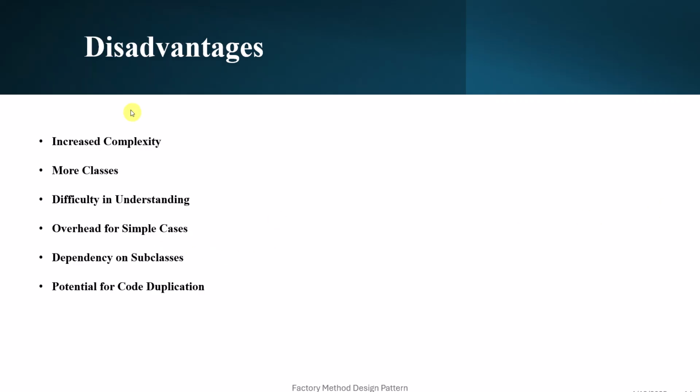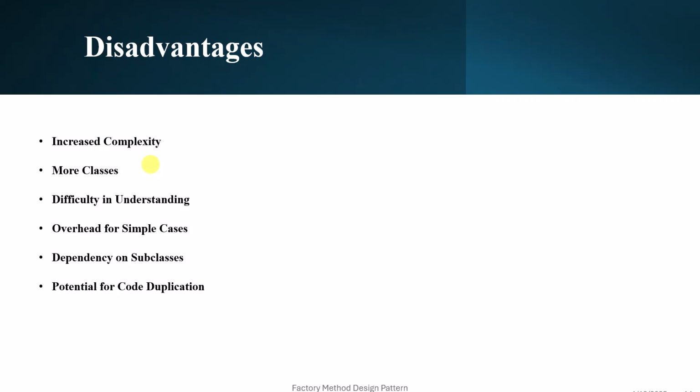There are some disadvantages also of using this design pattern. One is increased complexity. When we use this pattern, we introduce additional classes, like the abstract creator and concrete creator classes, and that can lead to increased complexity in the system.